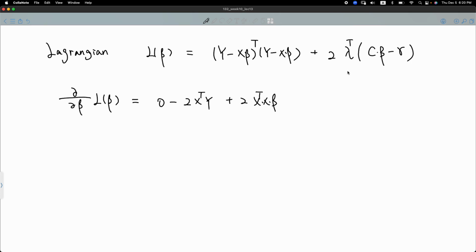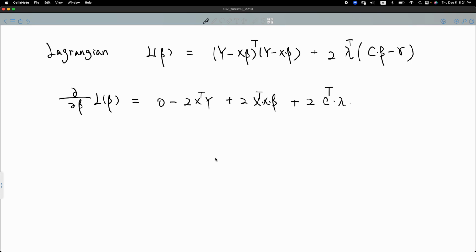But you can choose any number here for your convenience. Okay, and then after you take the derivative with respect to beta, you only have 2 times, and then now I'm going to change the order, C transpose lambda. The reason I'm changing the order is just because I want to match all the dimension together here.